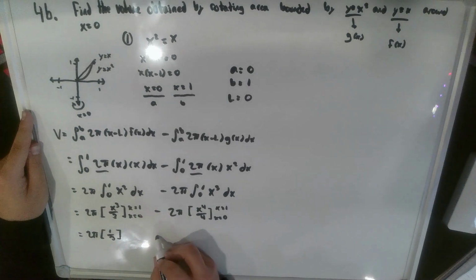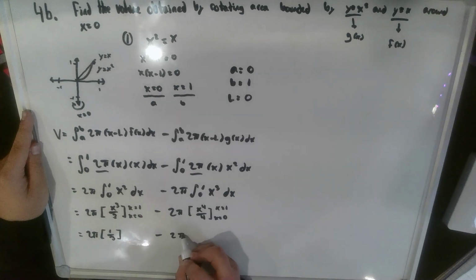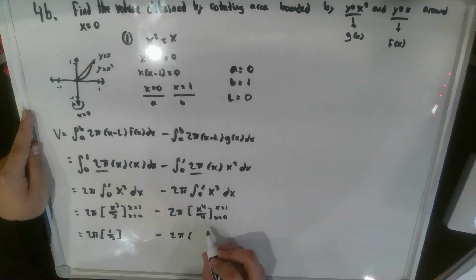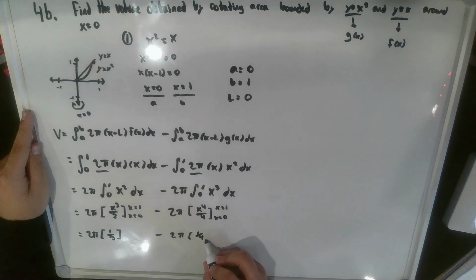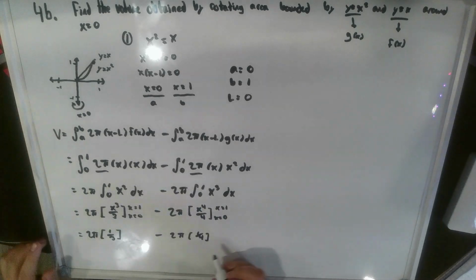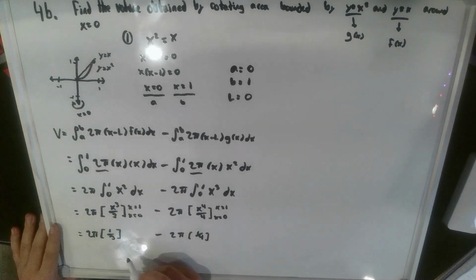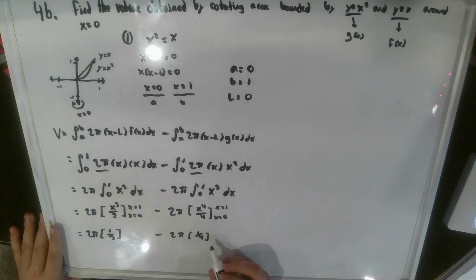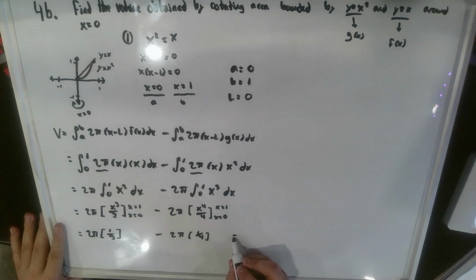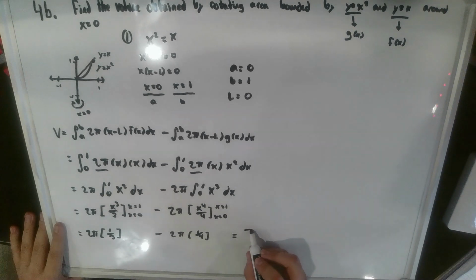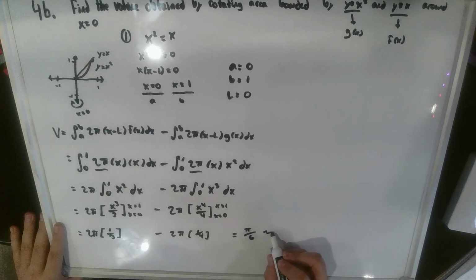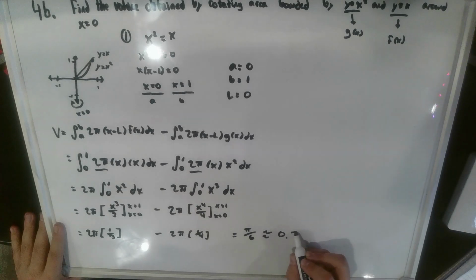Then 2 pi times 1 to the 4th over 4, which is 1 over 4, and again there's a 0, so you don't need to worry about that. So when you subtract this, it becomes pi over 6, which roughly equals 0.5236.